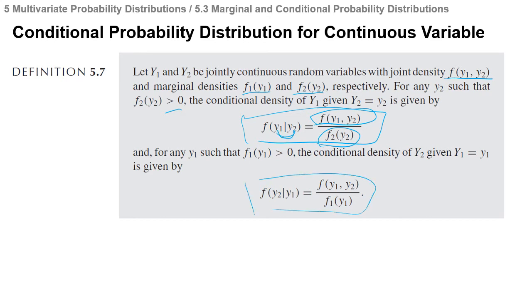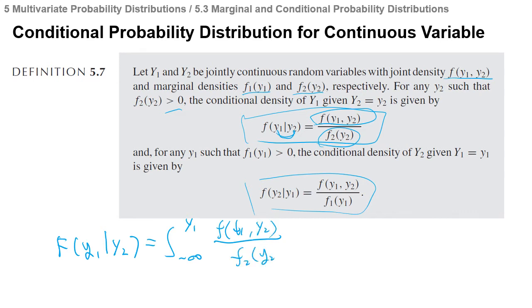And actually, from the previous formula, we derived this: F(y1 given y2) is equal to the integral from minus infinity to y1 of f(t1, y2) divided by f2(y2) dt1.